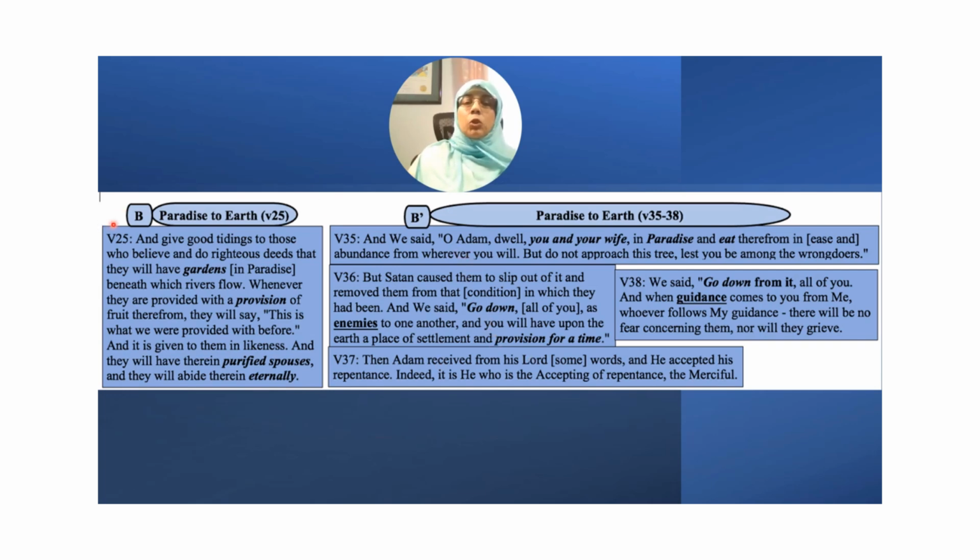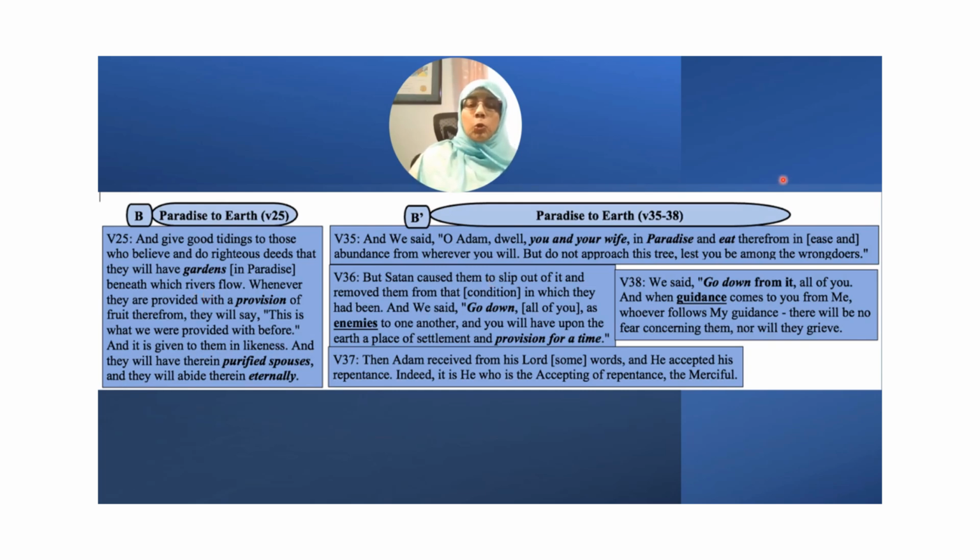In verse 25, observe the eternality of paradise as contrasted with verse 36, the provision for a time. So we are comparing permanent versus temporary. We notice that in paradise, the provision is similar to what we see on earth, just so that we know what it is. But the taste of it will be of Jannah's unmatched quality.